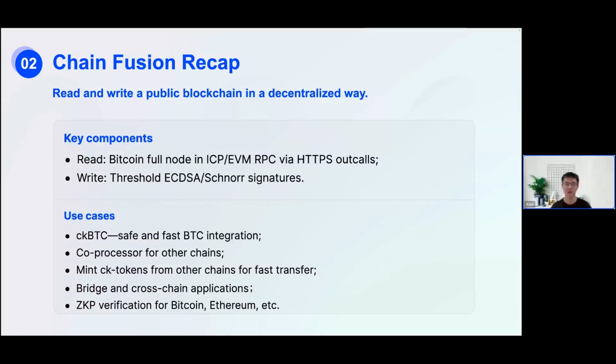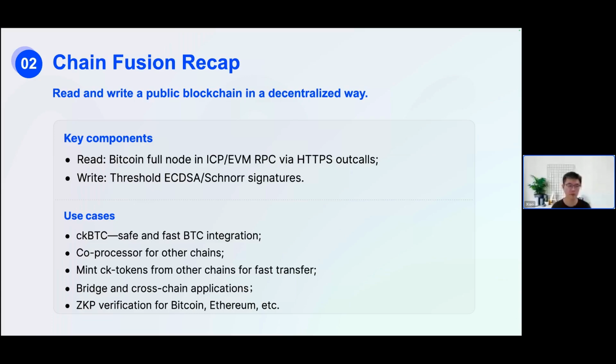For networks like Ethereum and other layer 2 blockchains, we have something called the EVM RPC, which can be accessed within ICP, and it works via the HTTPS outcall functionality of ICP. So this offers developers in ICP the ability to access states in other blockchains in a decentralized manner within ICP. This is what we mean by read in Chain Fusion.